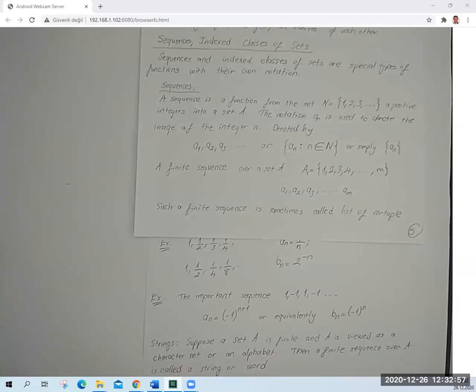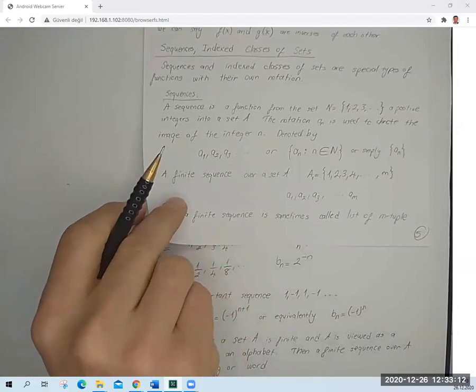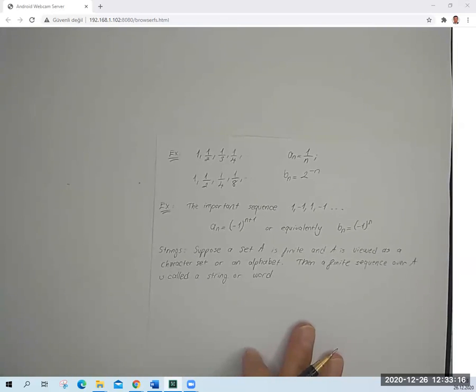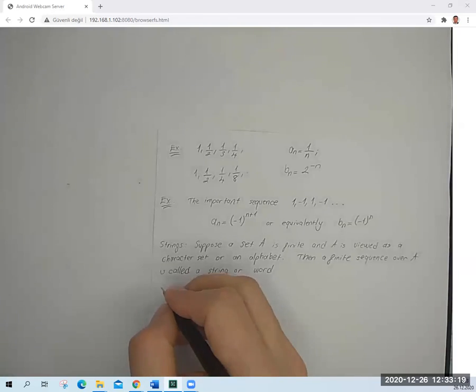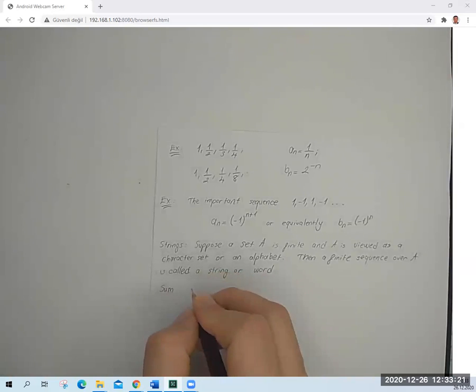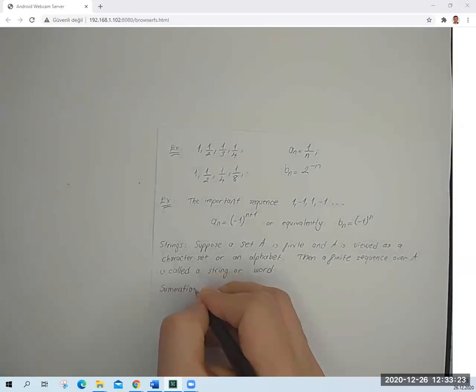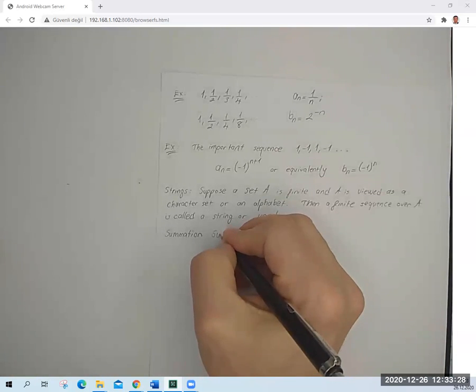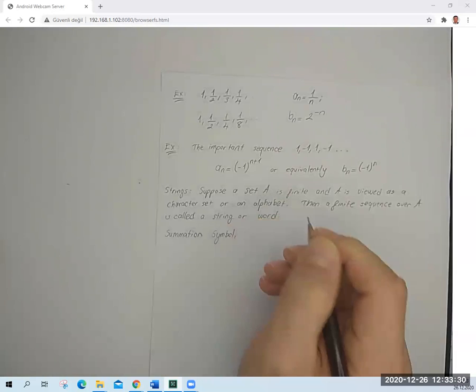There is the indexed classes, but inside of that title, there is this summation function. Okay, let's write the summation function. So this is also well known to you, I'm sure. Summation symbol and sum.